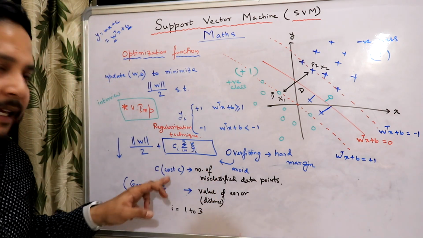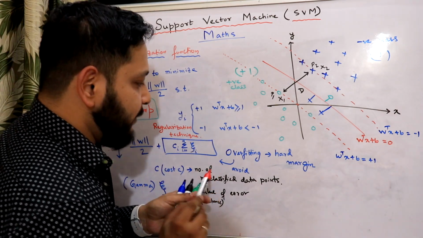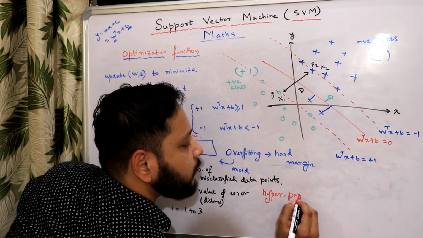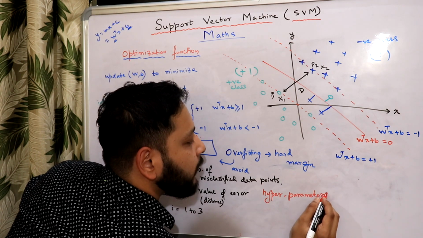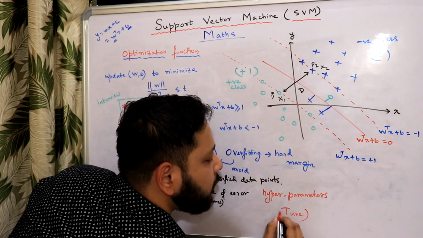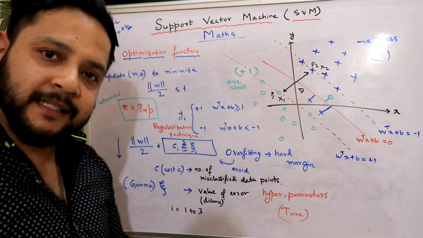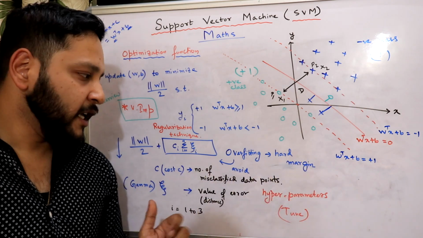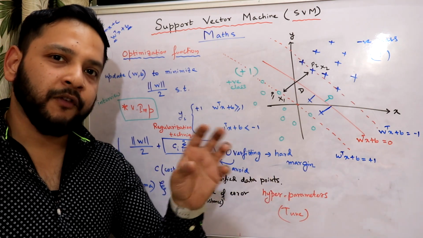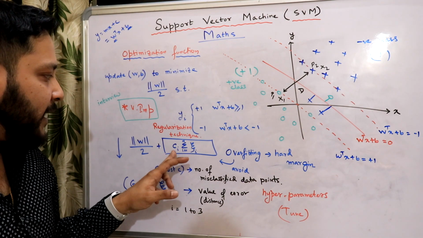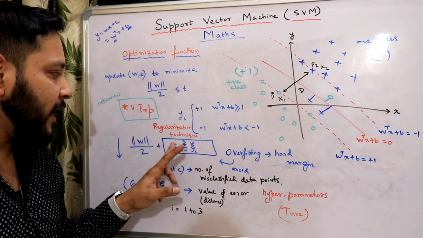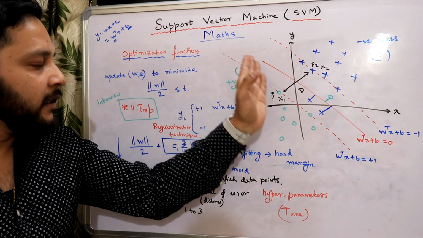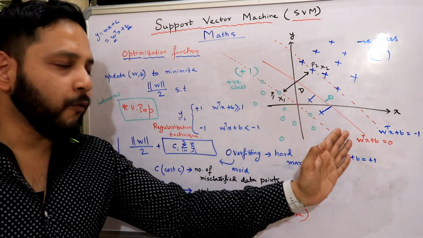Because C and gamma are hyperparameters, whose values you can tune. It means that to find the best classifier, the best support vector machine or the best hyperplane, you can give certain values and experiment. If C is 0, or the summation of all the gamma is 0, then we have one hyperplane.